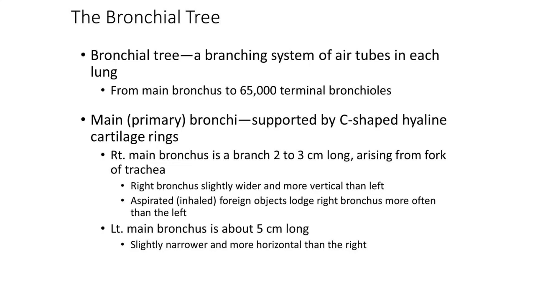You then have a left main bronchus, about 5 centimeters long, and it is slightly narrower and more horizontal than the right. Again, this is because our body is not symmetrical when it comes to our organs.